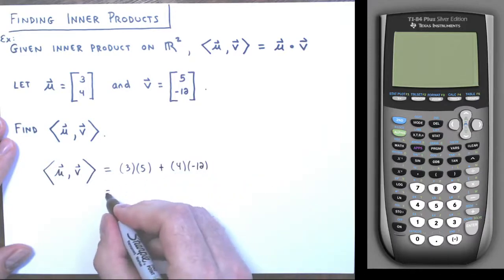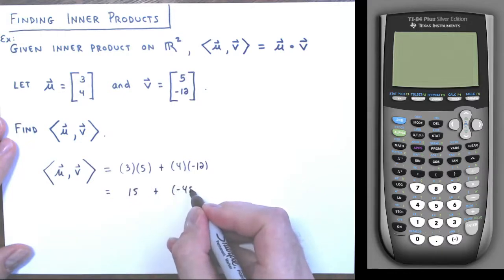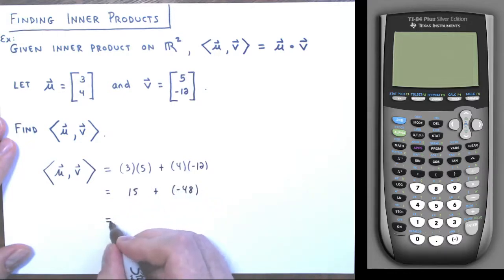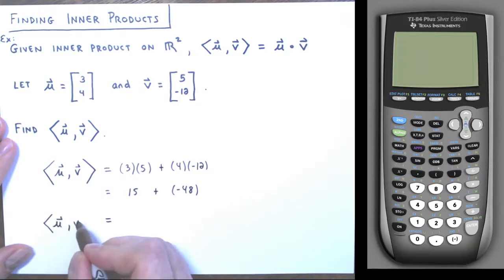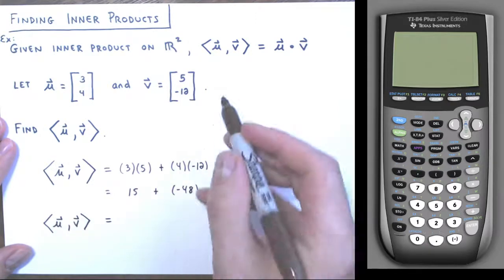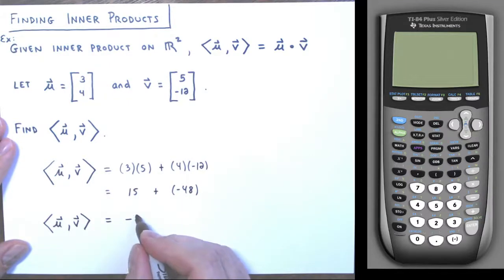This is 15 plus negative 48. So the value of the inner product for these two given vectors, the way this inner product on R2 is defined, is negative 33.